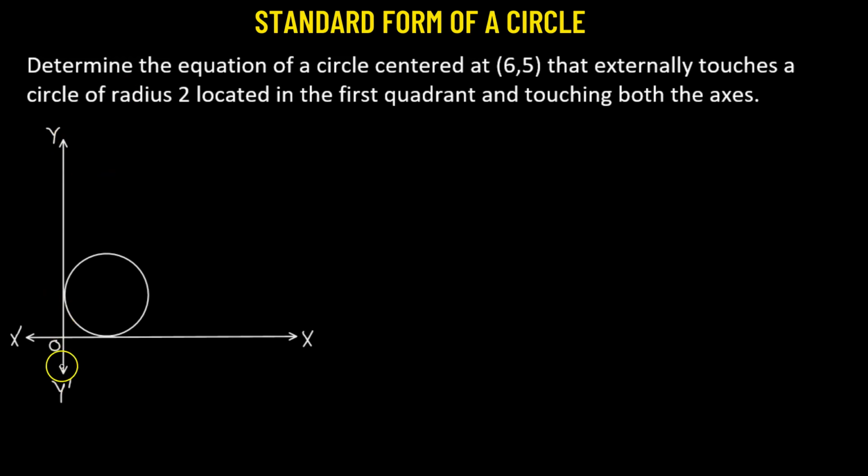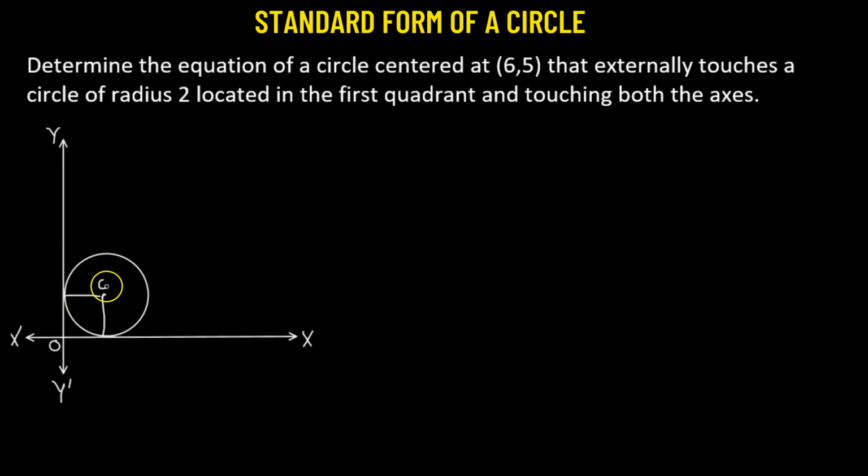So here we have our familiar Cartesian coordinate system with the x and the y axis. We have a circle whose radius is 2 units and is touching both the two axes. That means the y coordinate as well as the x coordinate of the circle can be easily found out. Here both of these two lines represent the radius of the circle.